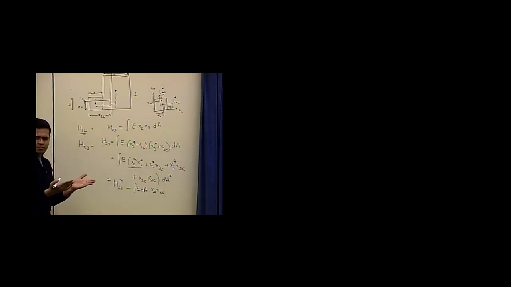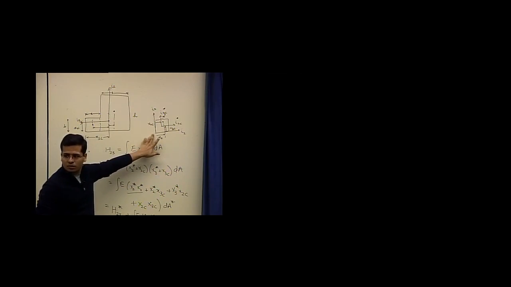They are the distances d2 and d3 which we generally refer to. So it becomes H23 star plus A times d2 and d3. So let me rewrite this equation here.